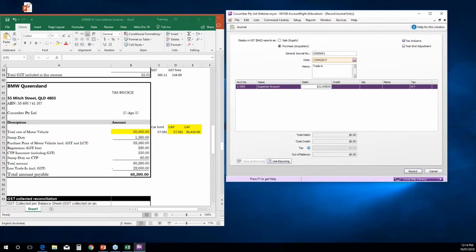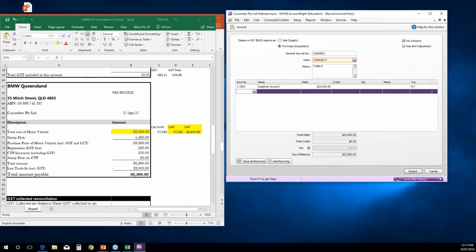So 22,000 doesn't attract any tax. It was NT. So I'm not going to report it, right? Suspense account. I'm going to report something else. So I will leave this one as NT, right, to remove it. And next, I will be using maybe some sort of income.